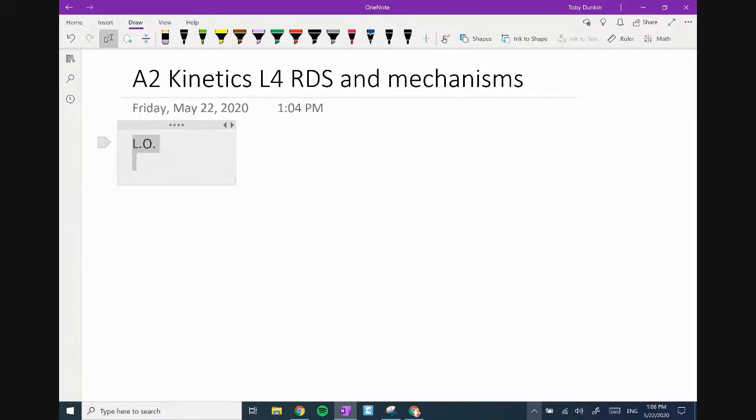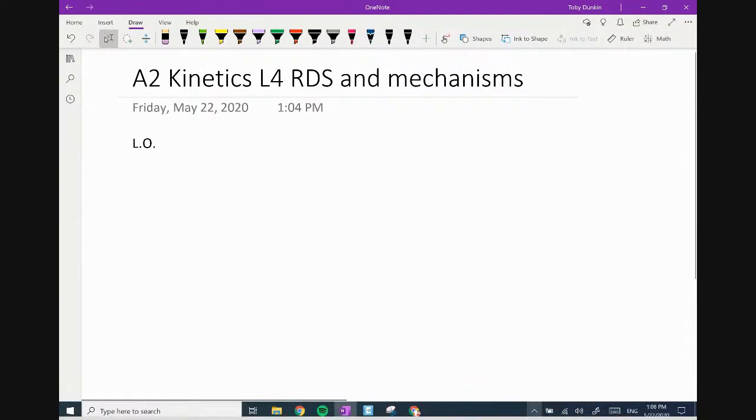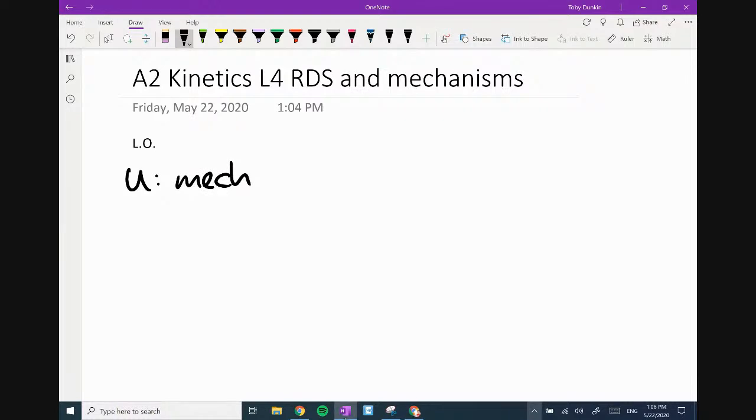So now that I've created that box, I'm just going to write underneath it. Learning objectives. Okay, that's a bit thick. So: understand mechanism affects rate equation.